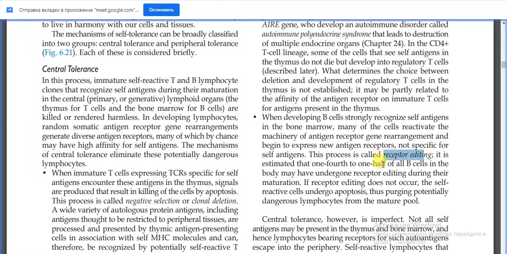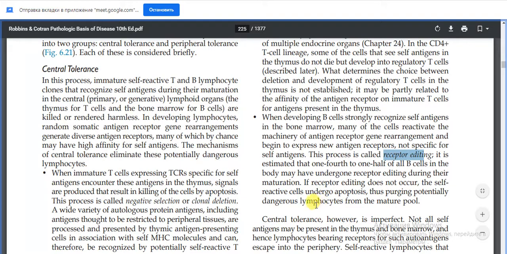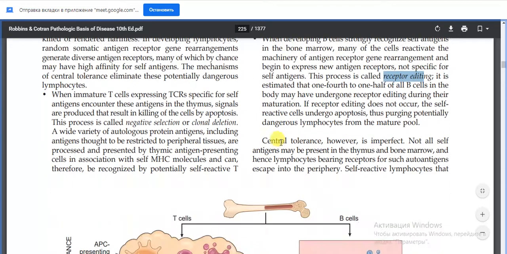It is estimated that one-quarter to one-half of the B cells in the body may have undergone receptor editing during their maturation. They change their receptors, and if that doesn't occur, the self-reactive cells undergo apoptosis, thus purging potentially dangerous lymphocytes from the mature pool. So that's okay, I hope you understood.